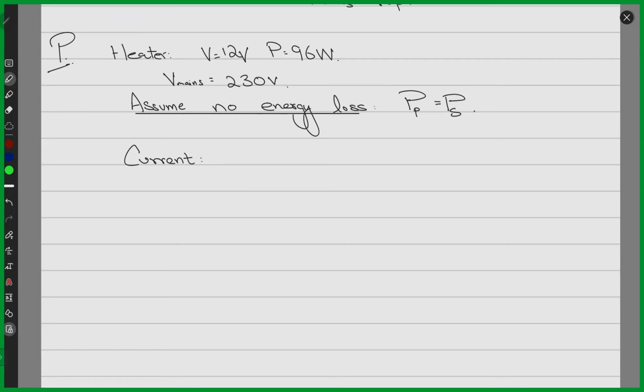I have P and V, right? And I know that this P and V that are given to me are secondary values, Ps and Vs. So this is P for secondary, or let's just say it's P, which is equal to Vs Is. And this gives you Is as P over Vs, which is 96 over 12, which is 8.0 amps.